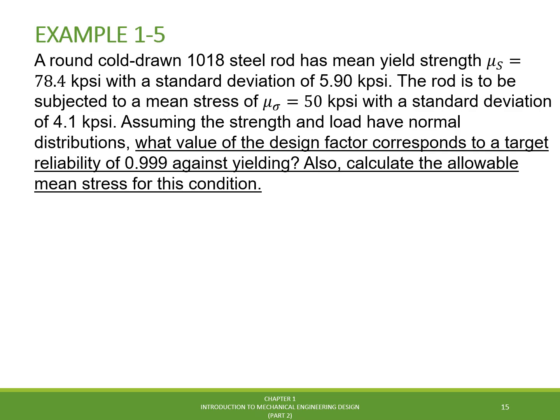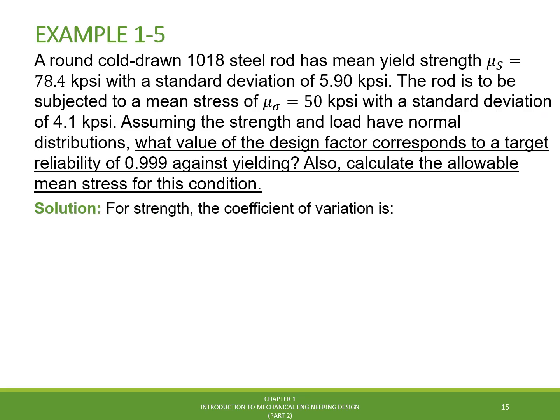The rod is to be subjected to a mean stress of 50 kpsi with a standard deviation of 4.1 kpsi. Assuming the strength and the load have normal distribution, what value of design factor corresponds to a target reliability of 0.999 against yielding? Also, we need to calculate the allowable mean stress for this condition.